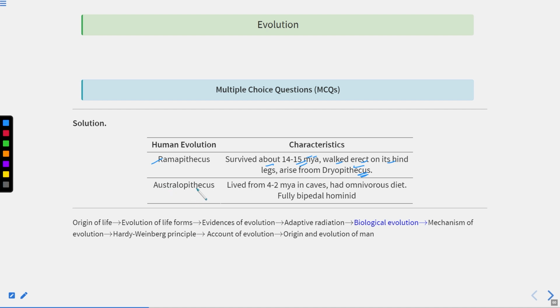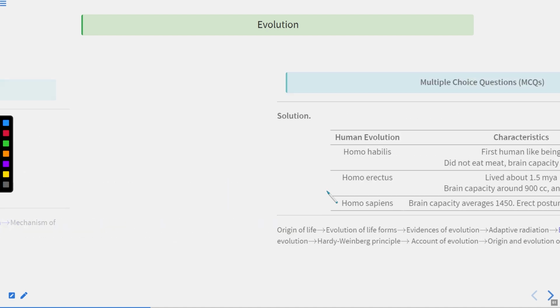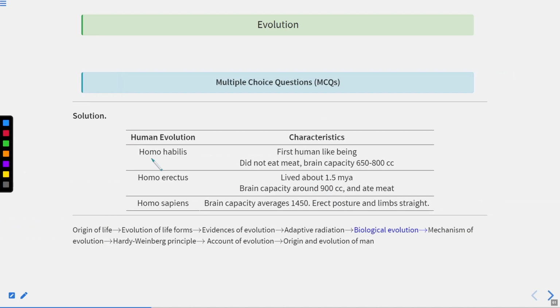Now Australopithecus, they lived from 4 to 2 million years ago in caves, and they had an omnivorous diet, meaning they were eating both meat and plant-based products, and they were fully bipedal hominids. Now Homo habilis. These were the first human-like beings. They did not eat meat, and the brain capacity was 650 to 800 cc.